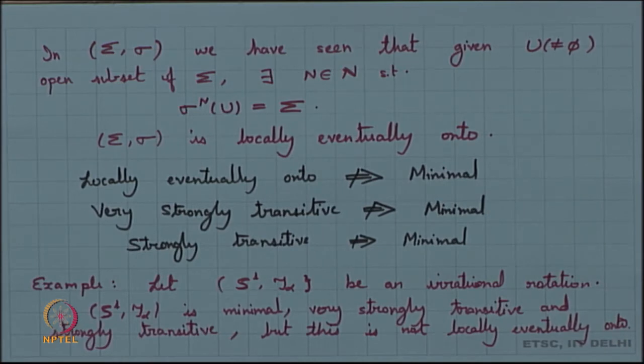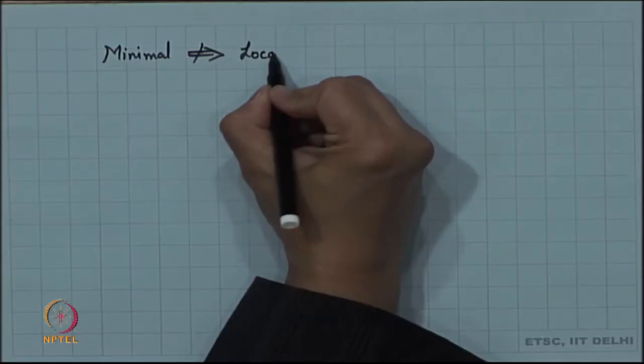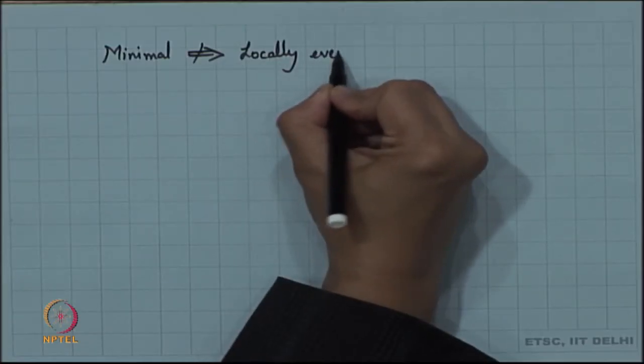And so we can deduce that minimality is a distinct property. So, minimal does not imply locally eventually onto.